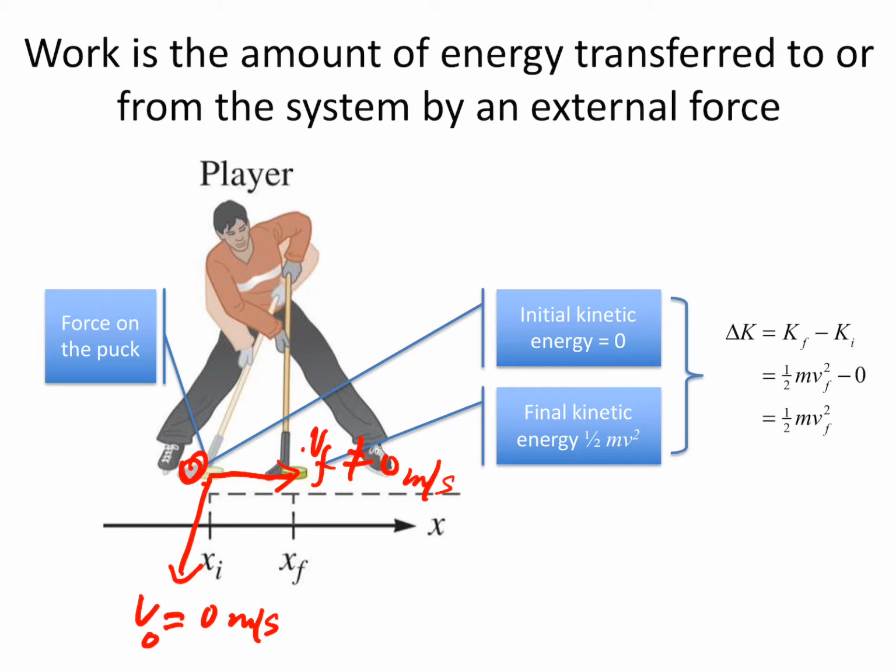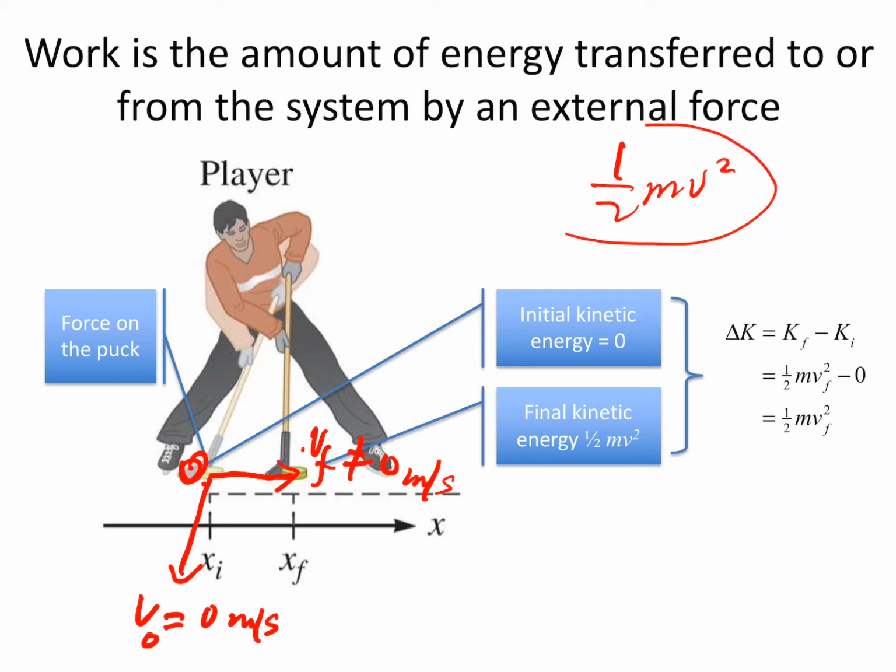Now where is this kinetic energy coming from? It's from the energy of the player. So the player transfers some of his energy, which is bioenergy, to the puck through the force he applied. Anyway, kinetic energy is 1/2 mv squared.